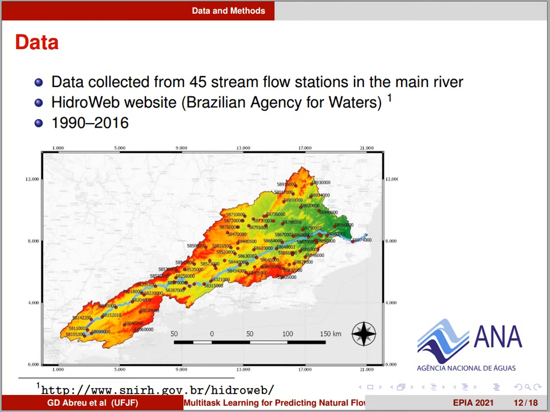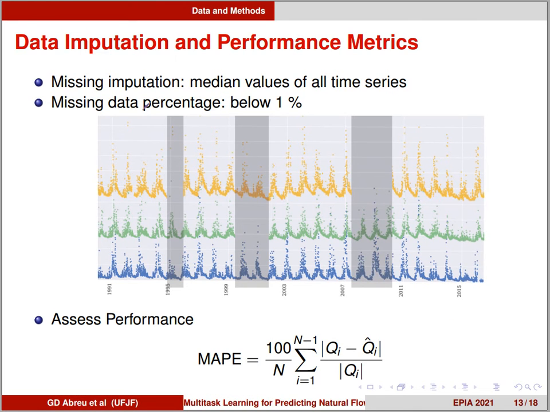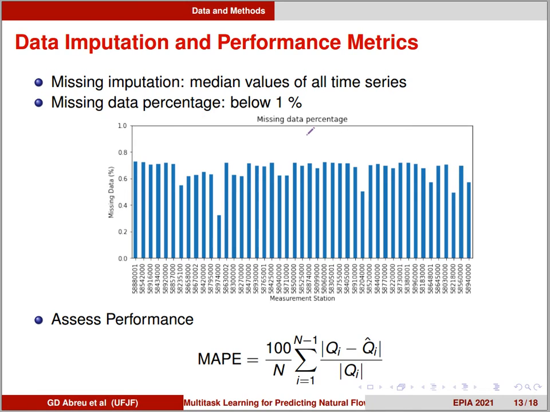The data considers the stations on the main river of the basin. So there is some missing data. It is imputed using the median values, but the missing data percentage is about 1% in all stations. Here we have the missing data percentage shown in this bar plot.